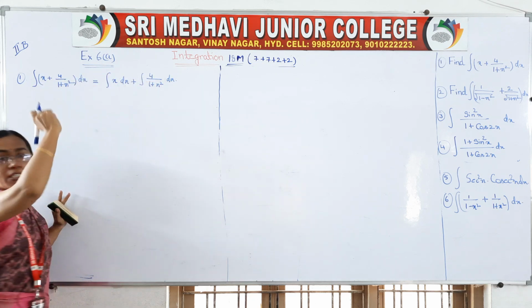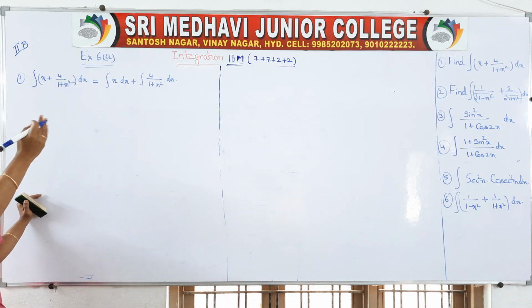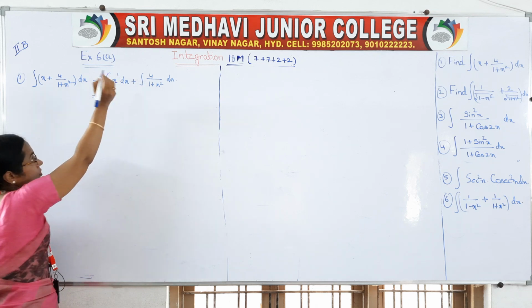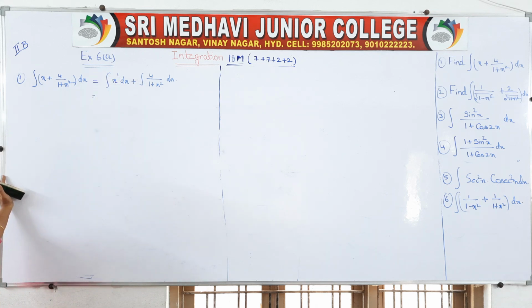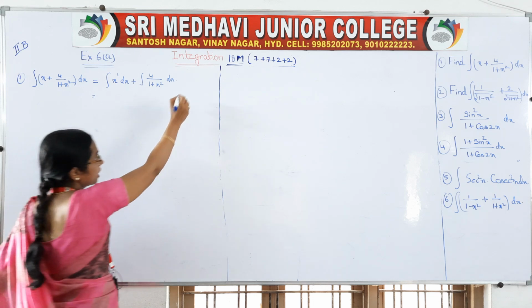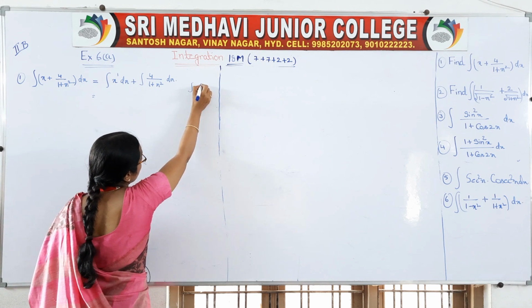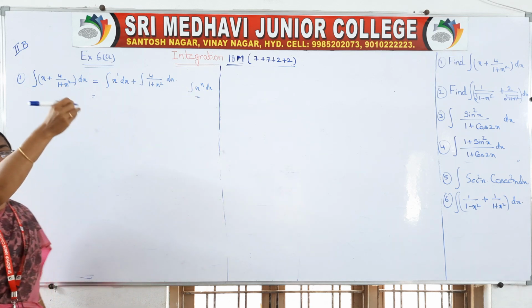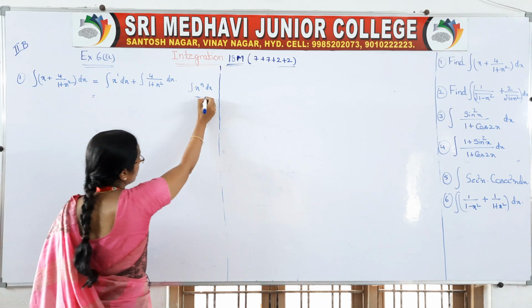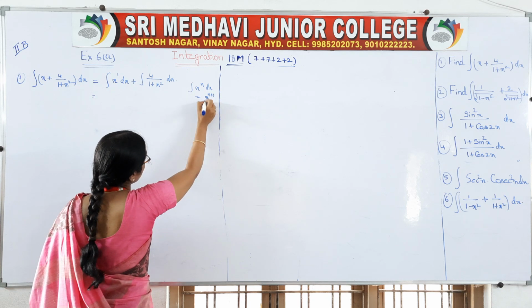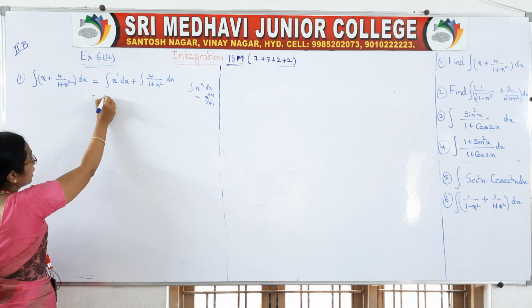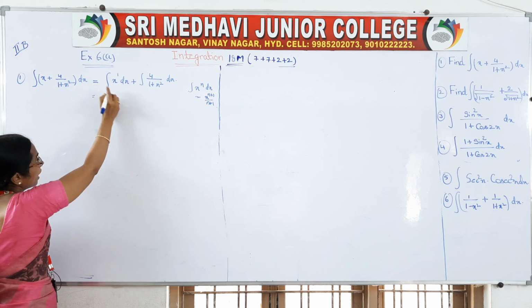So whenever constant is there with the function, I said take the constant outside. And observe here x means we can take x to the power of 1. Whenever we are having x power, the most repeated formula: integral x to the power of n dx is equal to x to the power of n plus 1 by n plus 1. So here we can take x to the power of, in n place we are having 1.